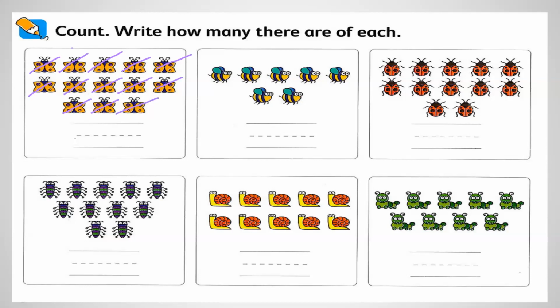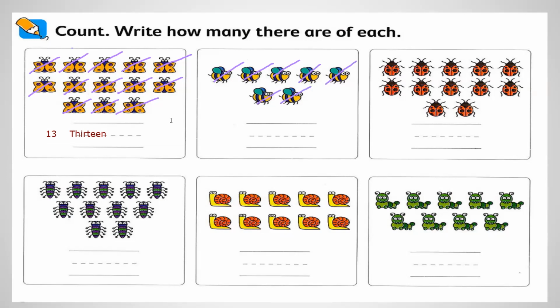So can you write on your copybook 13? It's 1 and 3. Then how can we write it by letters? Yes, it's T-H-I-R-T-E-E-N. 13.